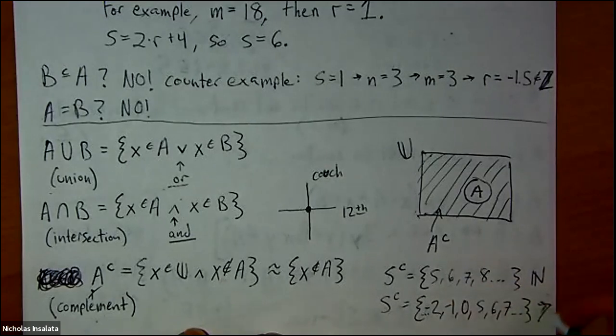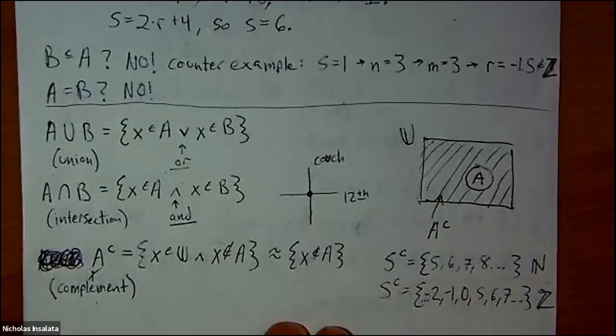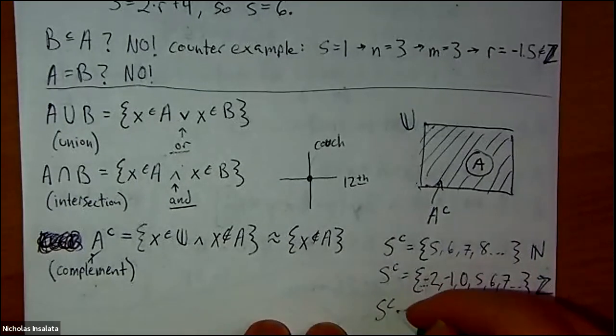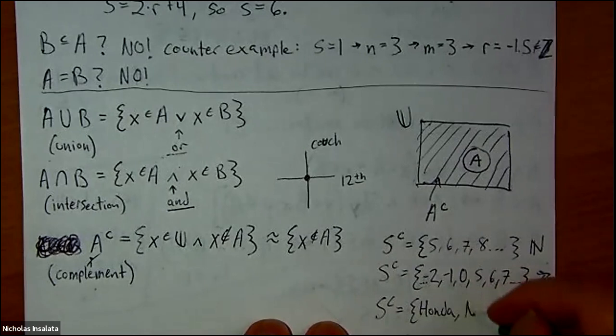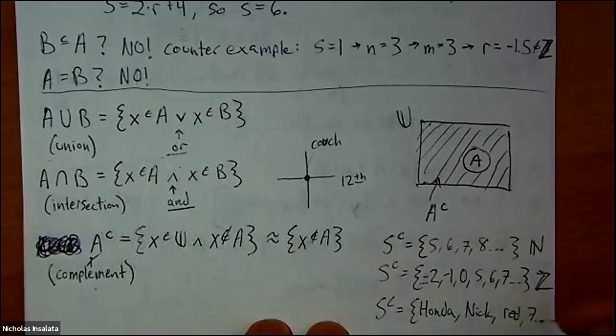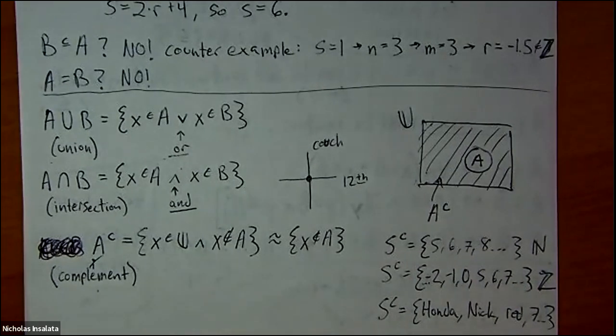That's if I had integers as my universe. What if I had anything in the world as my universe? Then S complement would include things like Honda, red, 7, which are not 1, 2, 3, or 4, and that set's pretty stupid, right? So I don't really like that set very much.